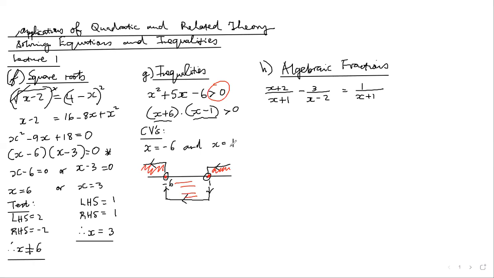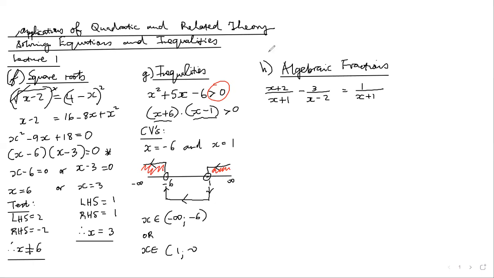And the greater than answers are simply x going from a very large negative number to -6, and x going from 1 to a very large positive number, which is positive infinity. So the solutions are x belongs to (-infinity; -6), or x belongs to (1; infinity).